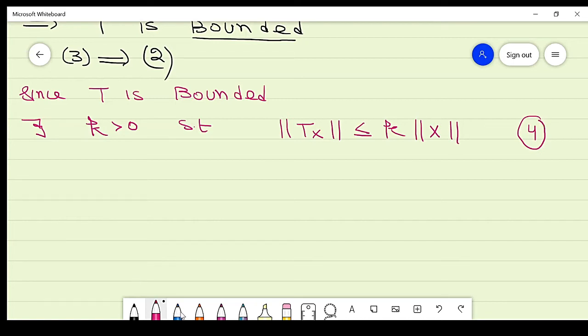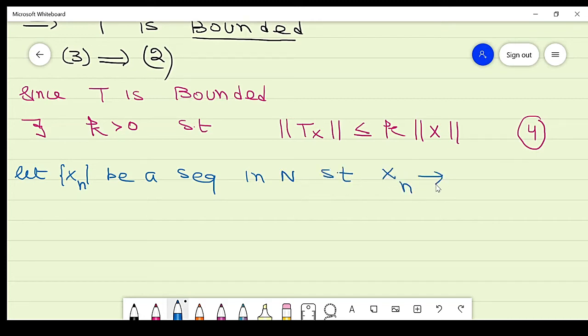Now let xn be a sequence in N such that xn approaches 0 as n approaches infinity.